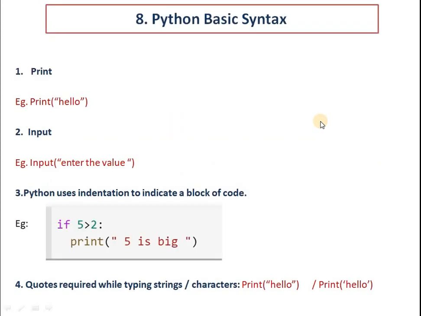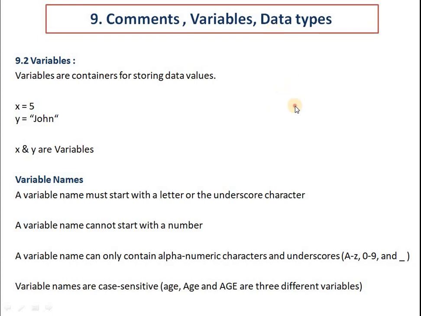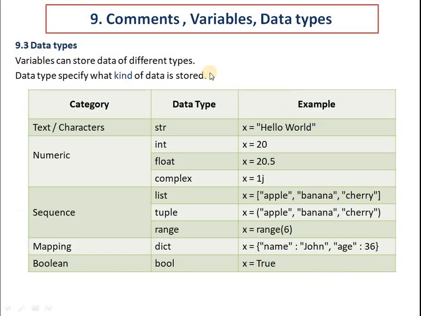And then we started level 2. In the beginning of level 2 we started the basic syntax of Python. We discussed comments, variables and data types. Comments are just to mention some notes, which increases the readability of the program. Variable was used for storing values, and data types were representing what kind of data was there.